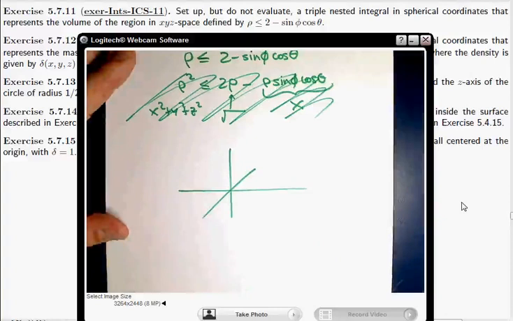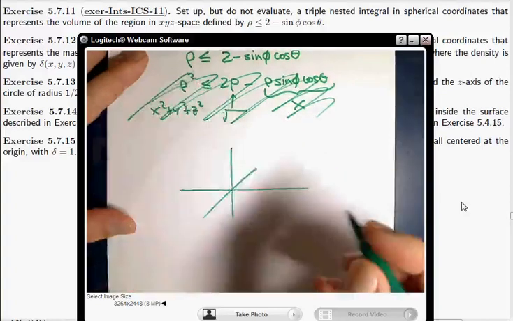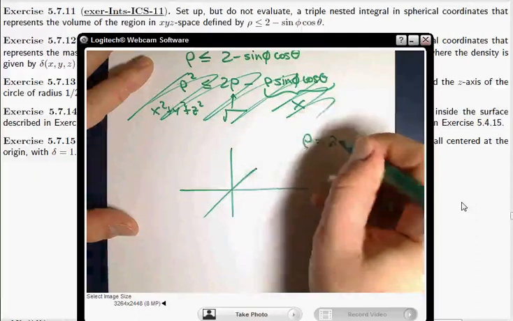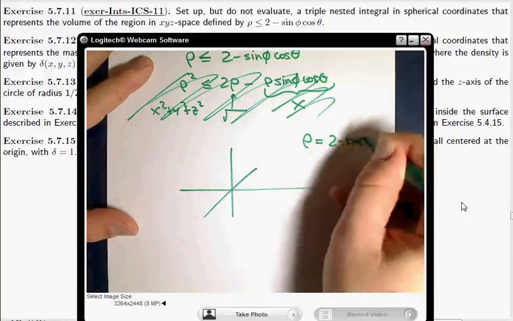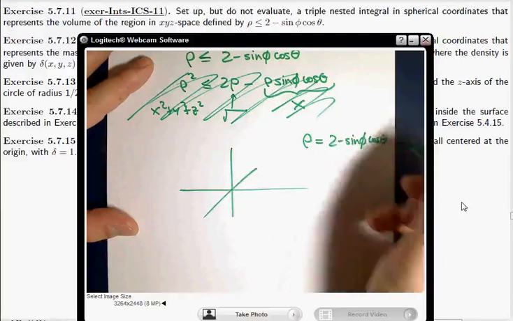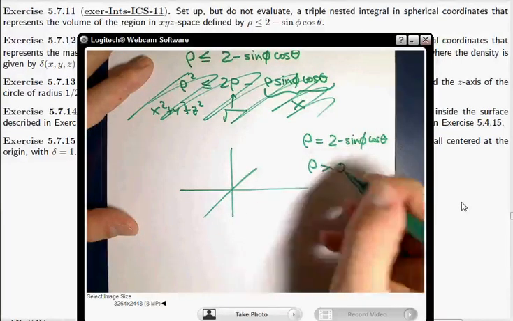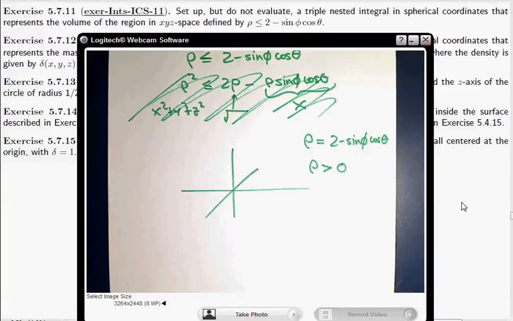I claim that if you look at the equation, rho equals 2 minus sine phi cosine theta, notice that rho is always greater than 0. And it's always defined, and it's always a nice, perfectly decent positive number.